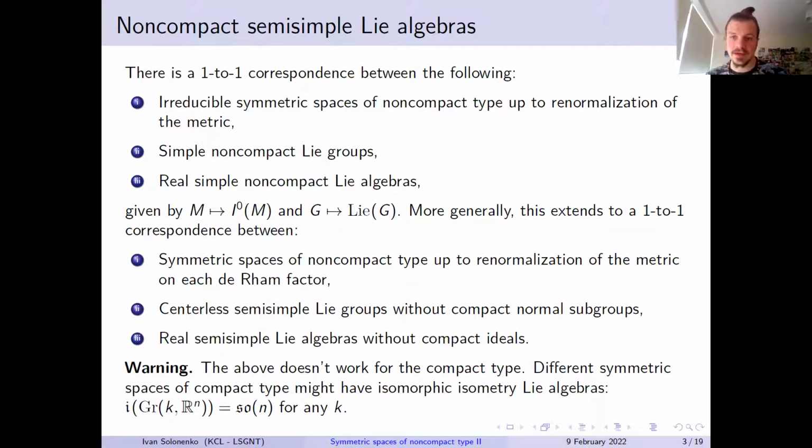So the correspondence that from a symmetric space gives you its isometry Lie algebra is not injective in the compact type. Moreover, there are more subtle things, like, if you take I_0(M) for M of compact type, it may not be simple. It can have some non-trivial center. But the main problem is that it's not a one-to-one correspondence anymore. So this is the feature of non-compact type.